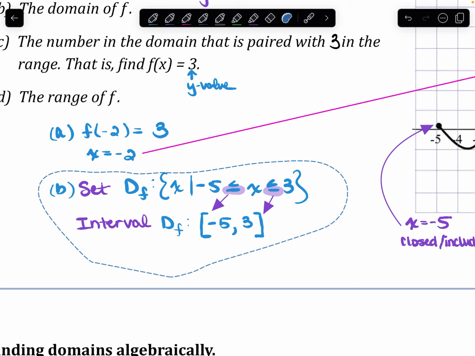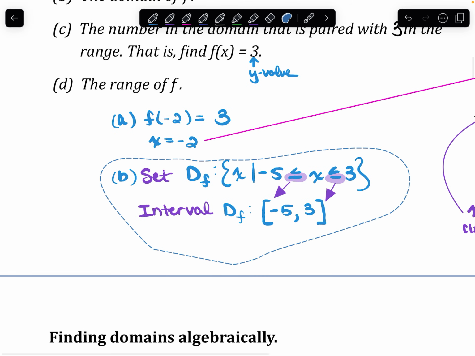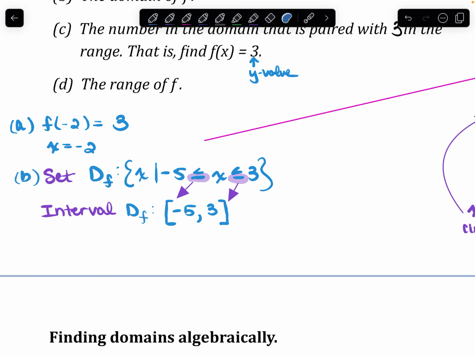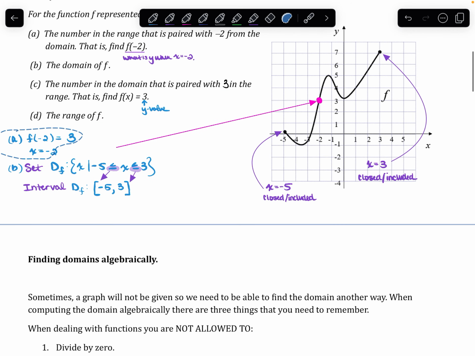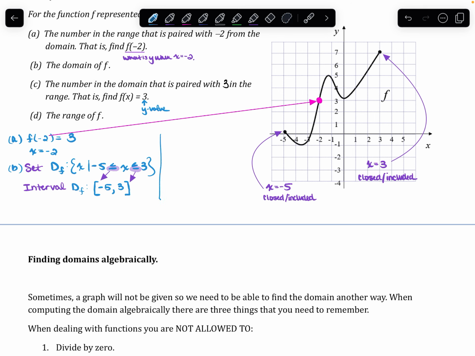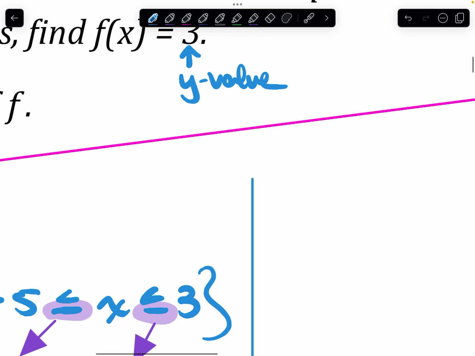Let's scooch this over, and I'm going to bring my arrow back over here so that we can see it. All right, for C, set them up side by side. So for C, we know f of x equals 3.